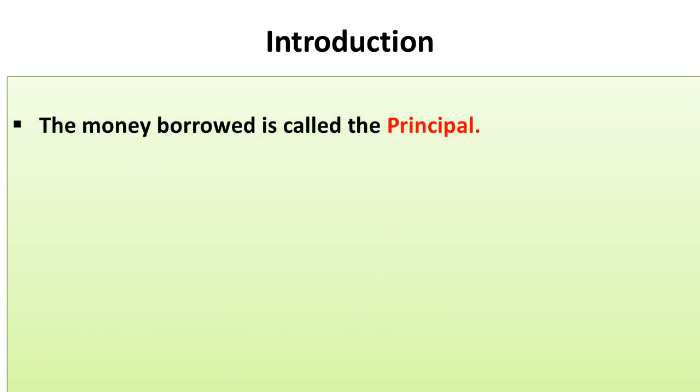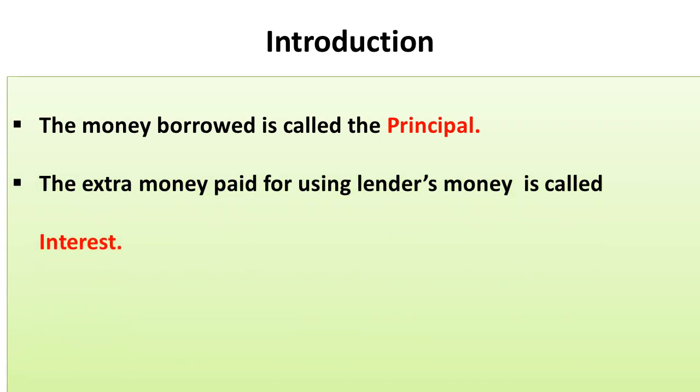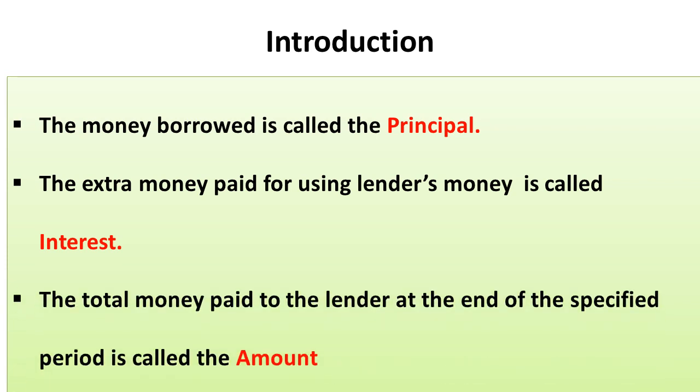Let us consider an example. If the money borrowed is 5,000 rupees, that is called the principal. The period varies from situation to situation and from problem to problem. For a certain period of time, if the money is borrowed, at the end of the period, interest of rupees 2,000 is paid. That is called the interest. And the amount paid at the last will be equal to 7,000.